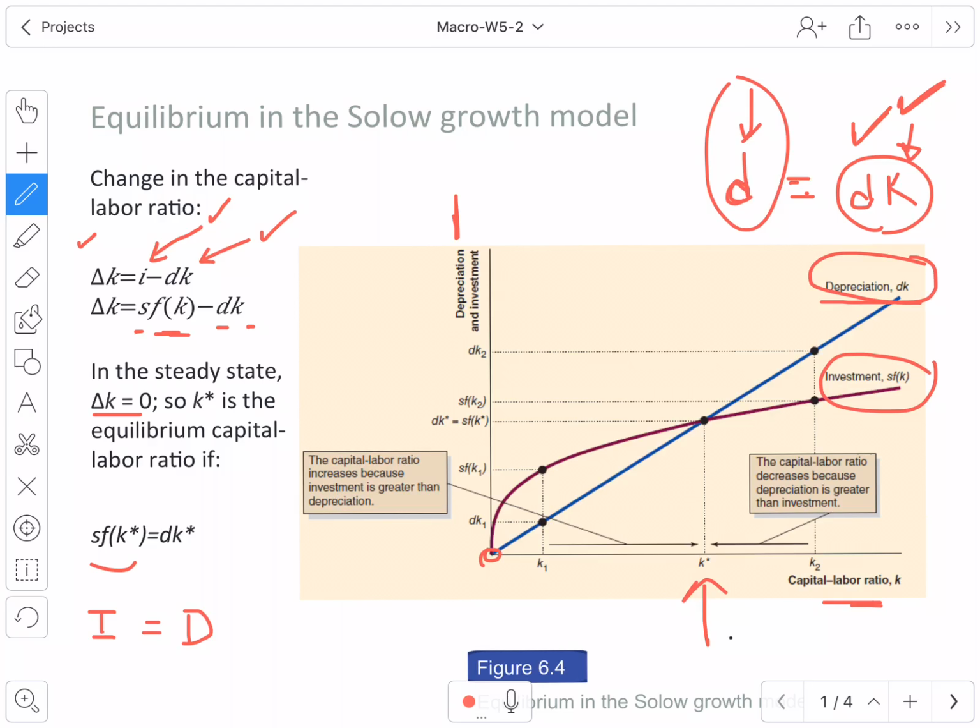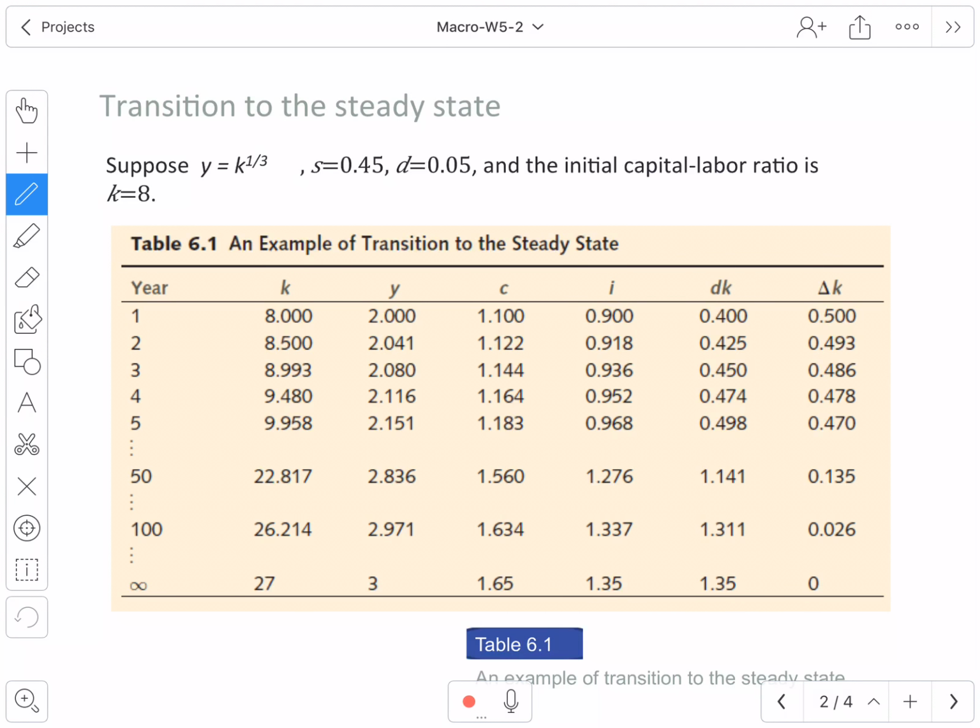This one is written as dk, and this one is written as the small letter s times y, or you can write it as the small letter s times f(k). It's the same thing. So we can reach the stage when the two are equal.